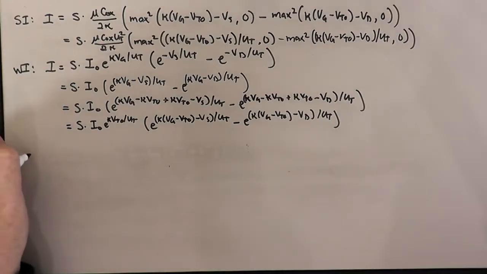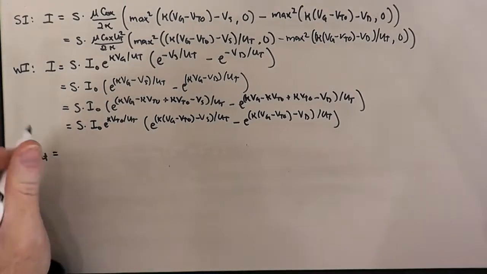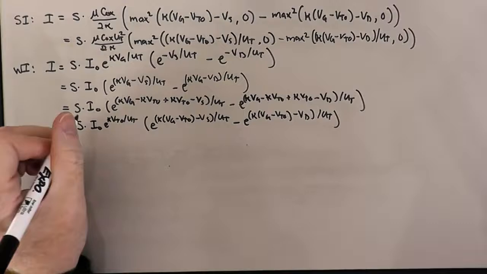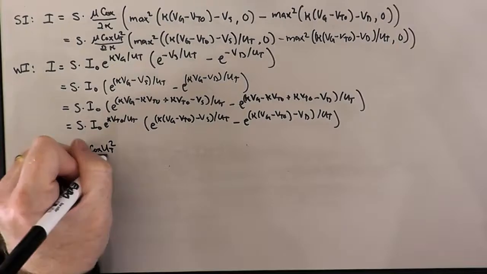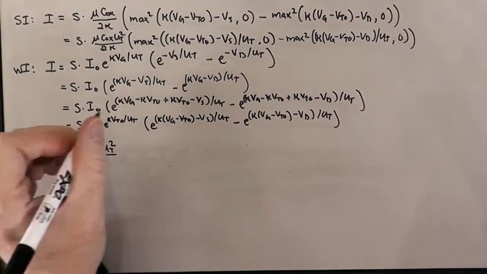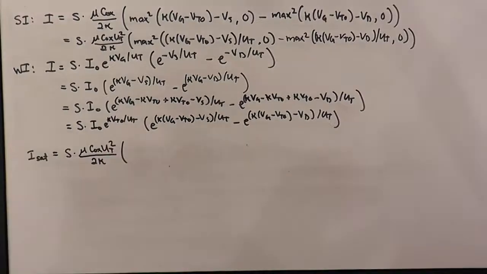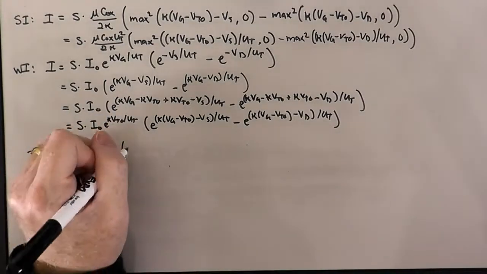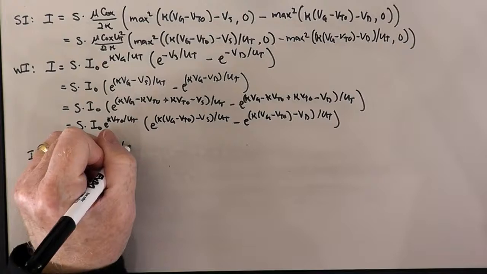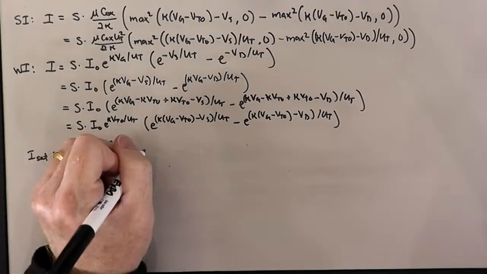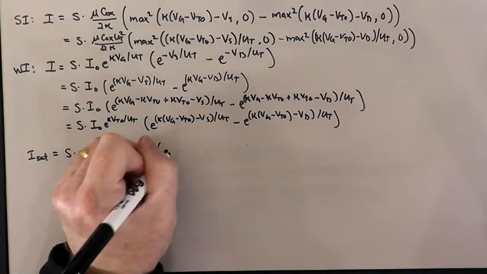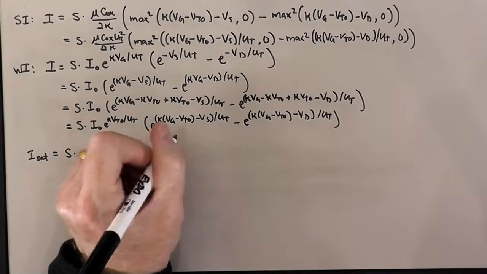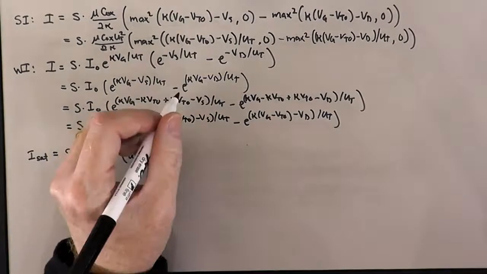So we can write the saturation current I sat on this hypothesis as S times mu Cox Ut squared divided by 2 kappa times, well, it's going to be 1 over a times the log of e to the a times whatever this thing is, x.